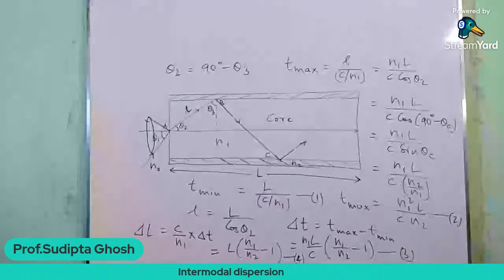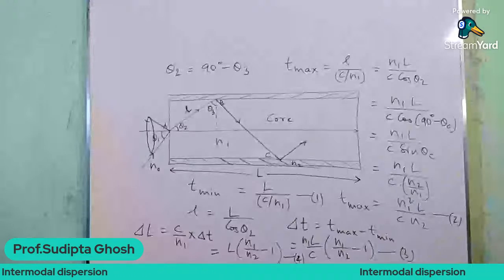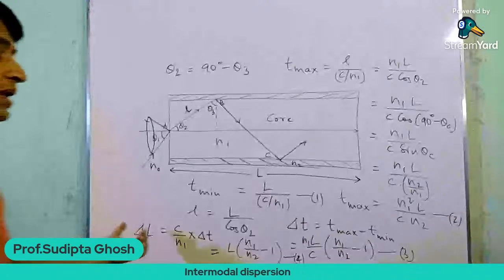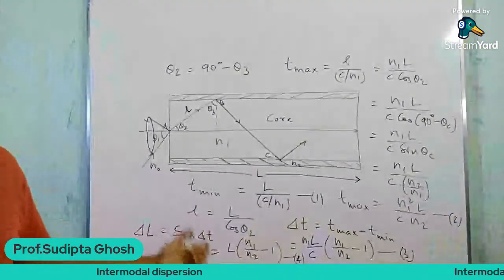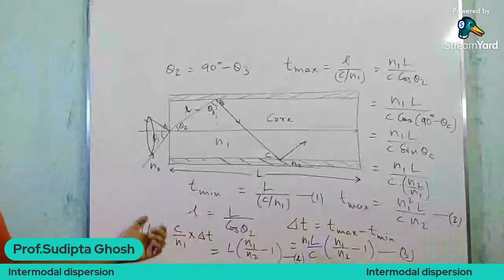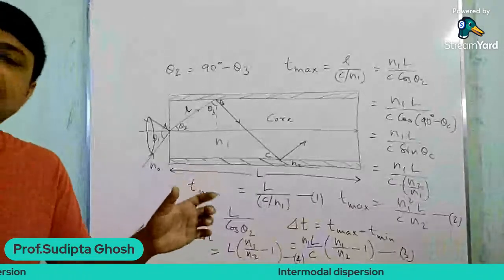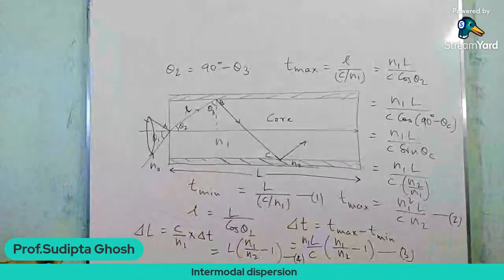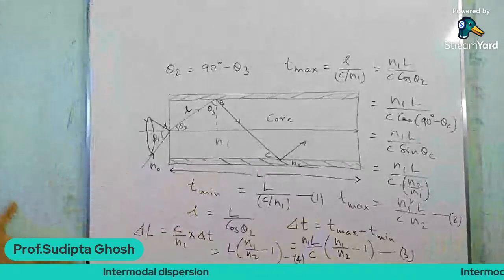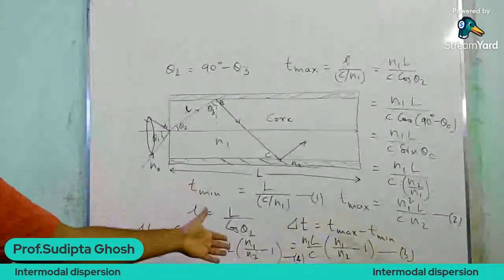So the difference of transit time has a harmful effect in the form of broadening the shape of the pulses. The pulse actually gets thicker.